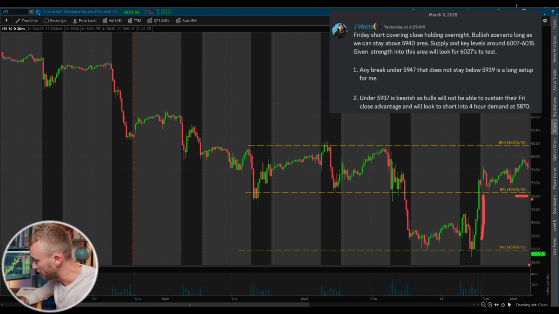So if we come down here and we break 47, but we stay above 5940, then I'm going to be convinced that these buyers are going to be holding. But if we break under 5937, I'm going to think this is bearish and we're going to trade down lower and start testing this demand down here at 5870, which is right here. Those are my two scenarios.